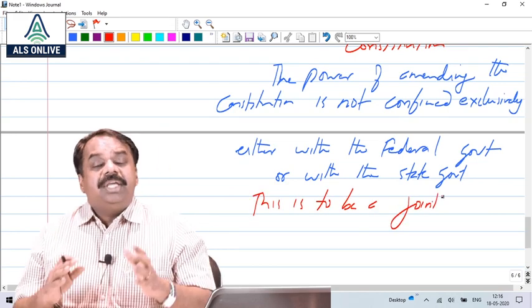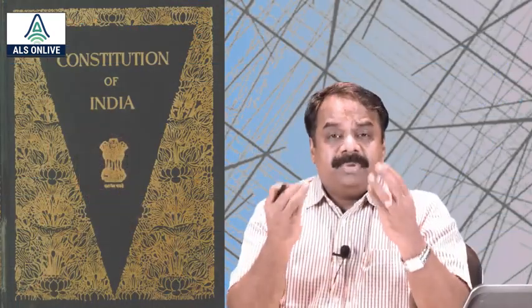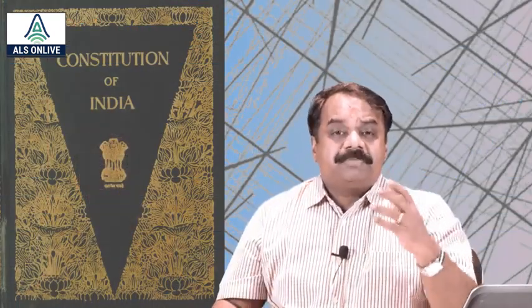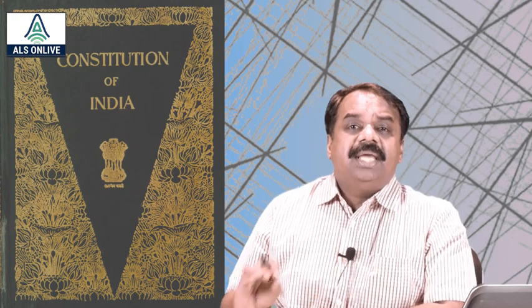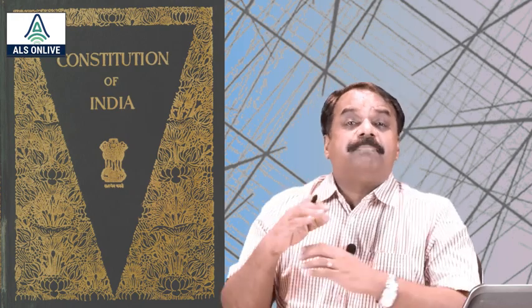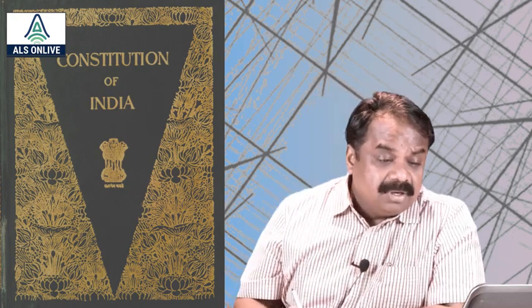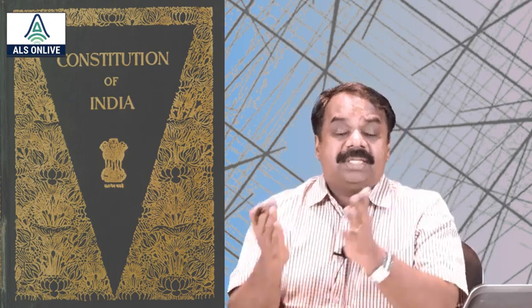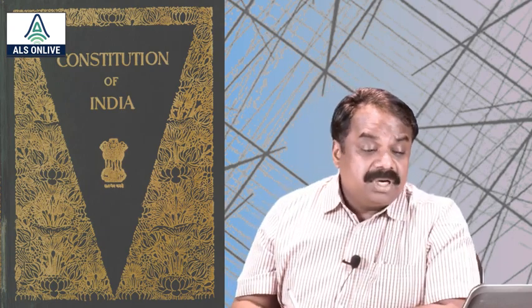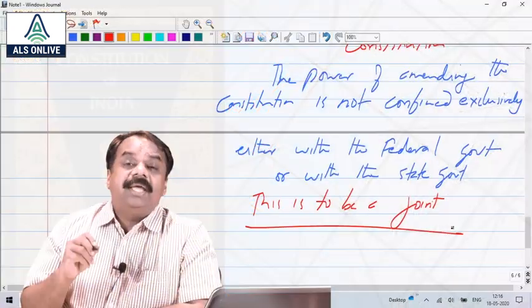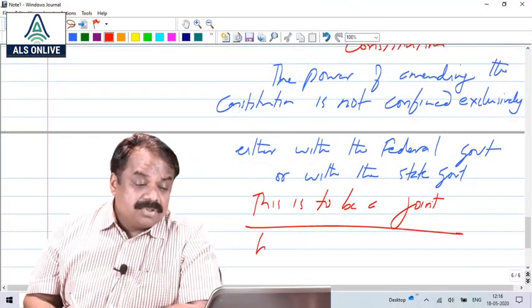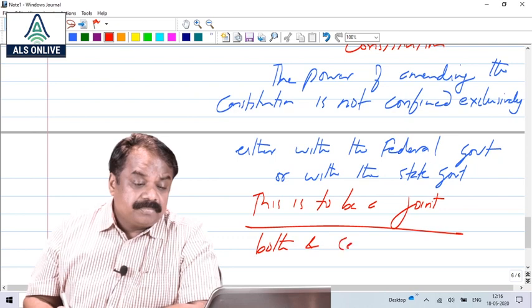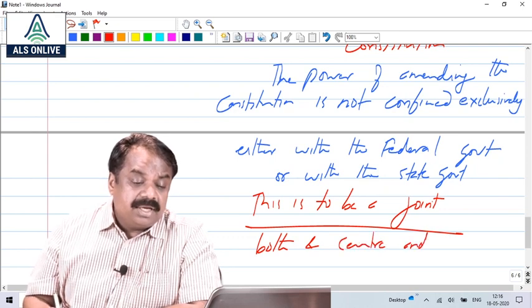Meaning, if you want to change the power sharing, especially those aspects regulating the status and power of the federal and state governments, those areas where the power of the state and the center is to be changed, it has to be decided jointly. Both the center and the states should participate.